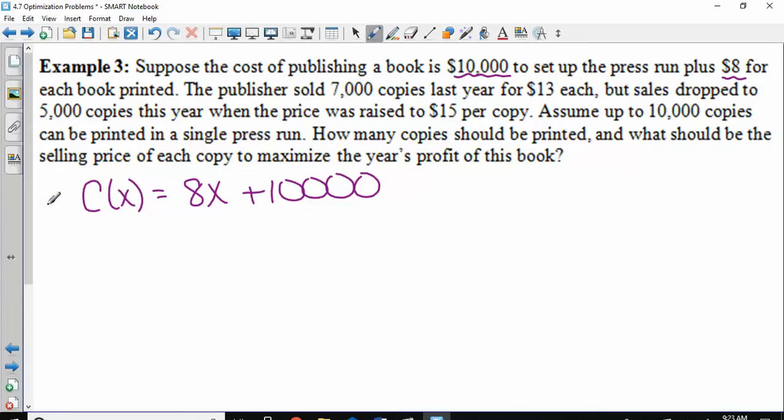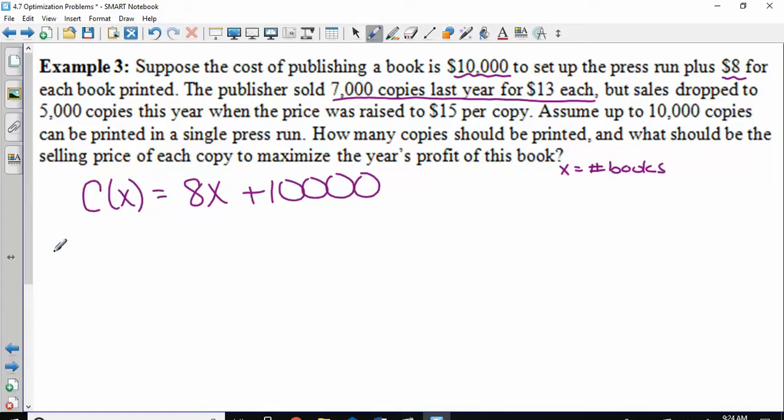All right. So I have my cost function. This information, is $13 my cost to print the book? No, what is that? The price of the book. We know from this that X has to be the number of books that we printed, right?